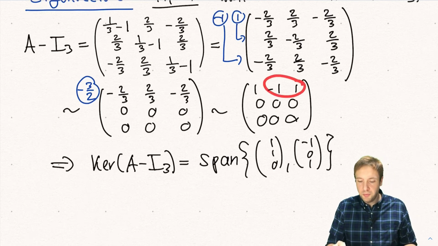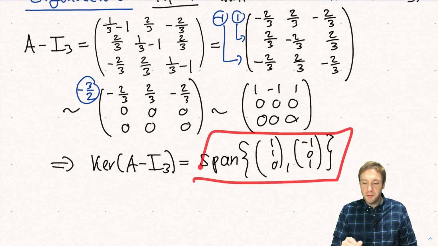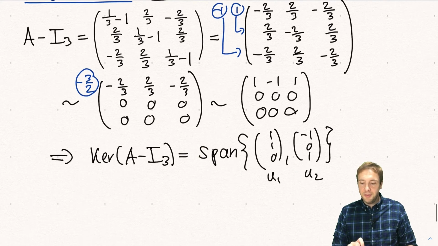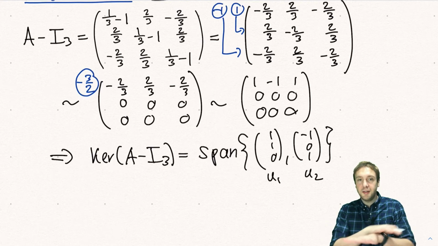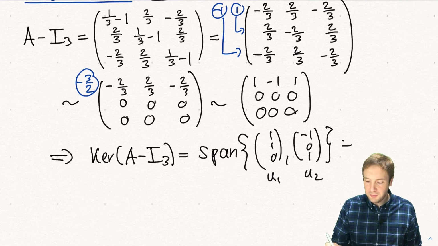Here I choose two free variables t1 and t2, and then t1 times this plus t2 times this vector give all solutions. So the kernel is the span of these two vectors, which are exactly what we had before. The kernel in this case is exactly this plane which we denoted before as U.